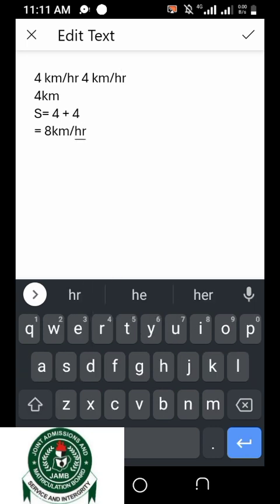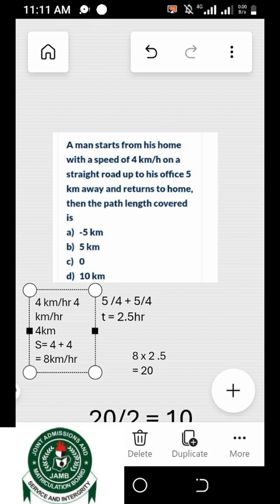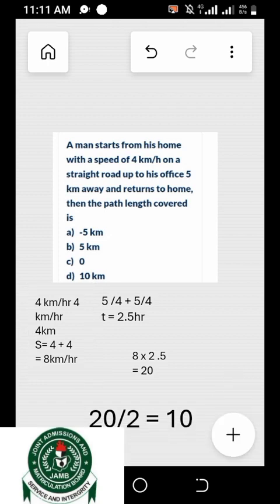Right. So our distance now is the 8 we have gotten times the 2.5, which is 20. And since they're asking for only one part, so 20 divided by 2 is 10 kilometers, which is the distance covered in one part.